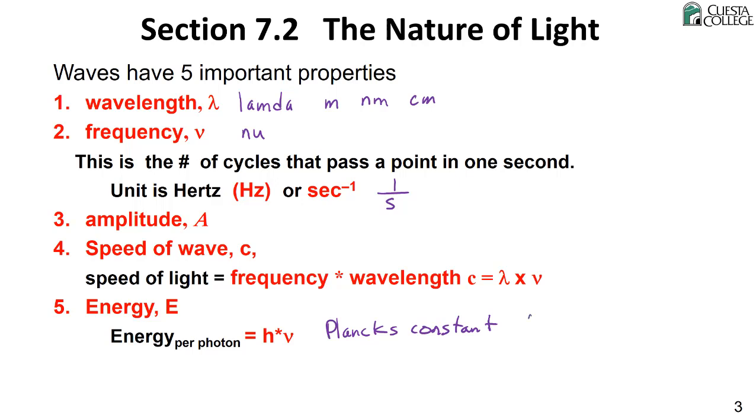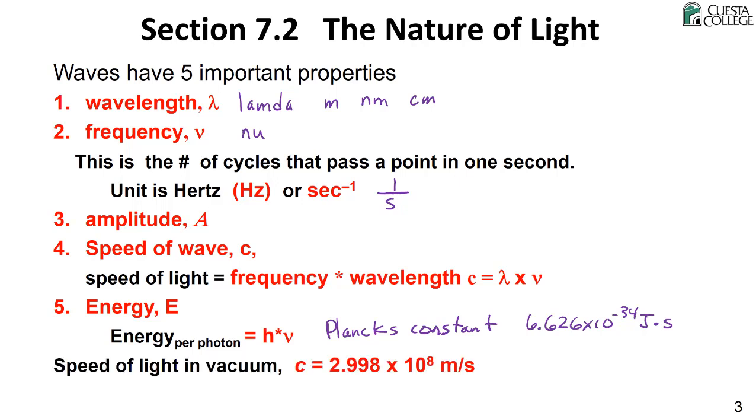And Planck's constant is 6.626 times 10 to the -34 joules times seconds. It's kind of a weird unit, joules times seconds. The speed of light in a vacuum, or c, is equal to 2.998 times 10 to the 8th meters per second. This is nature's speed limit. Nothing goes faster. It's a constant you should know.